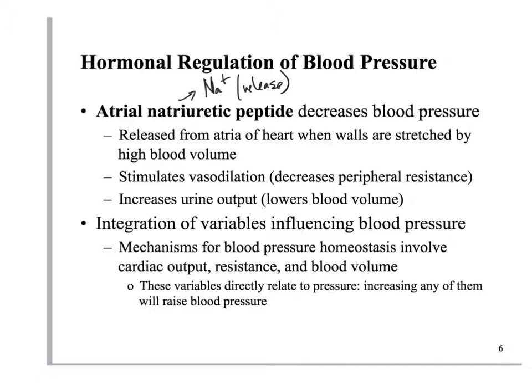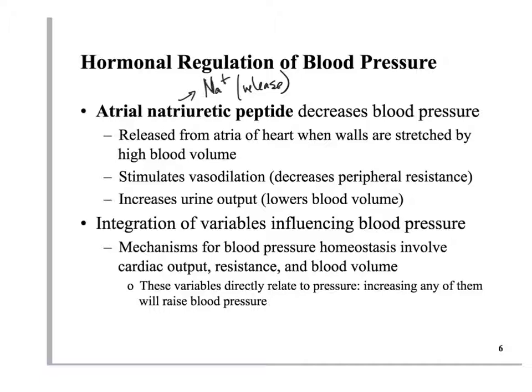When sodium ions are released, water goes with it. Okay? So that's where you actually increase urine and it lowers blood volume. All right? So these four hormones work together to increase and decrease blood pressure. Okay? They all integrate together. All right?